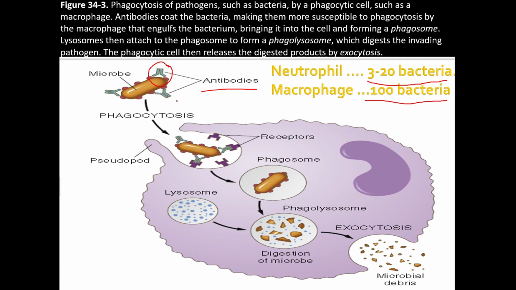So pseudopods form and move towards this microbe, and they engulf it and form the phagosome first of all. The phagosome plus lysosome form the phagolysosome. The phagolysosome digests the microbe, and then there is a process of exocytosis, and the microbial debris is moved outside the cell.